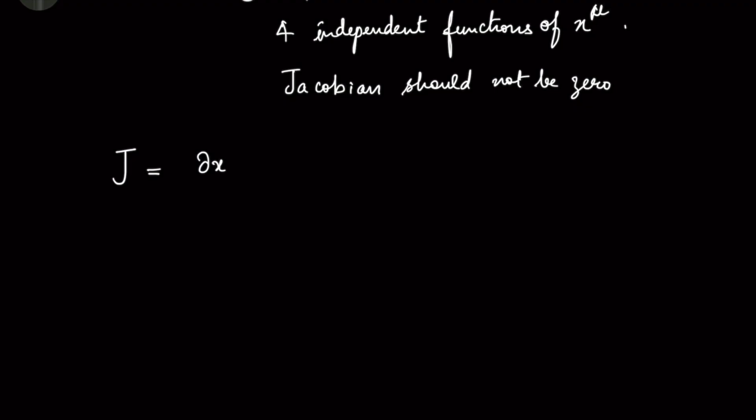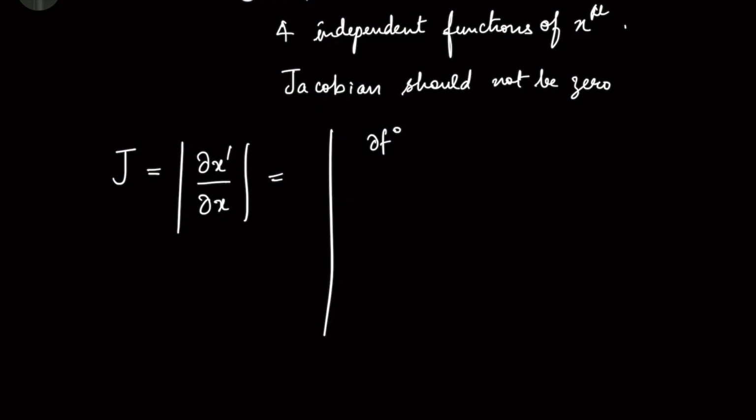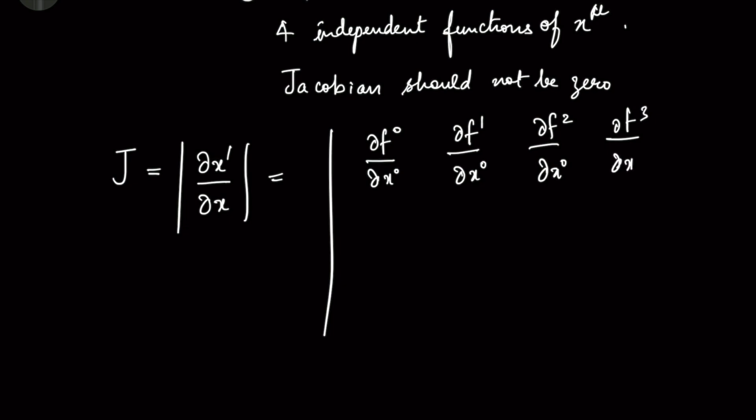So here the Jacobian is given by the partial derivative of x prime with respect to x, which is the determinant of the partial derivative of f0 with respect to x0, partial derivative of f1 with respect to x0, partial derivative of f2 with respect to x0, partial derivative of f3 with respect to x0.